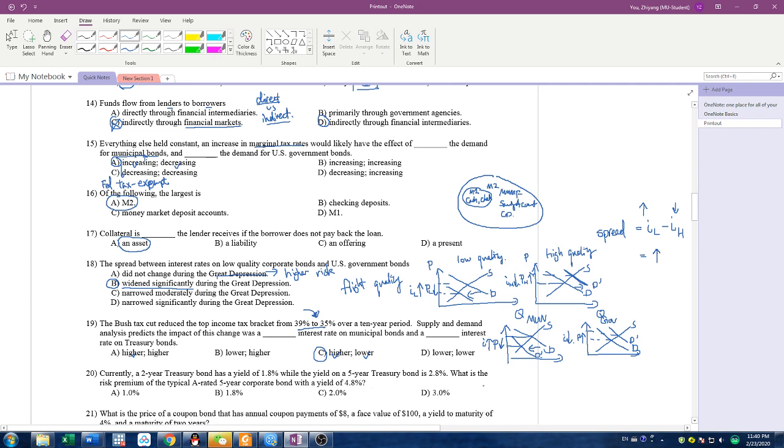So if you remember, the yield of a corporate bond should equal the yield of a risk-free bond plus the risk premium.